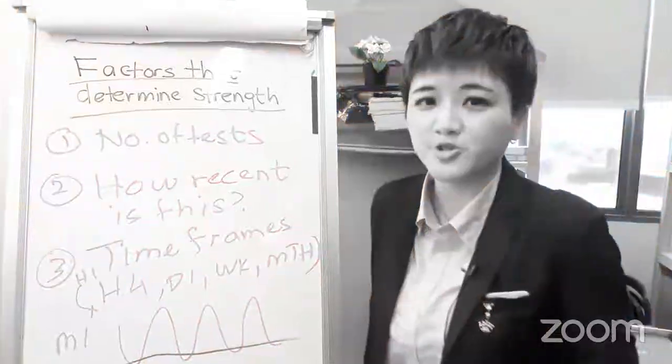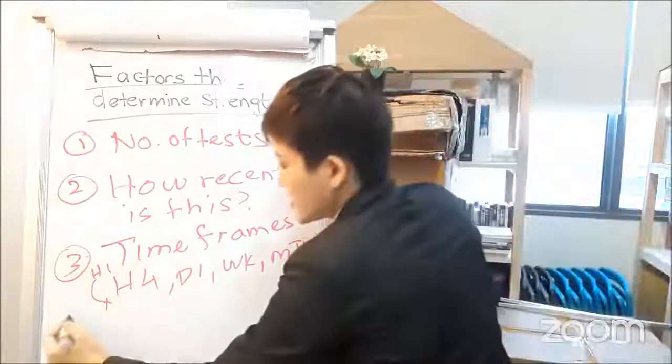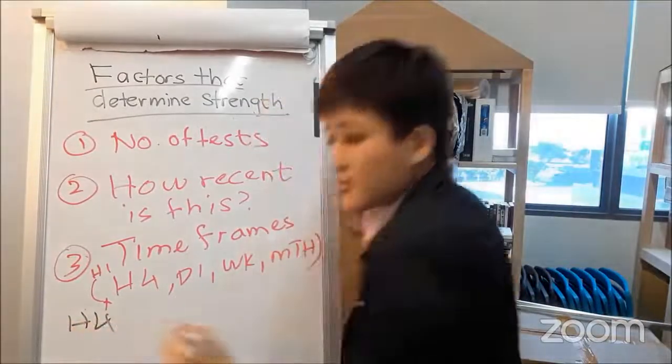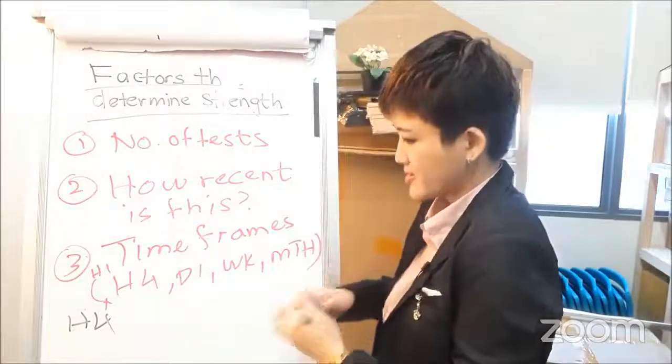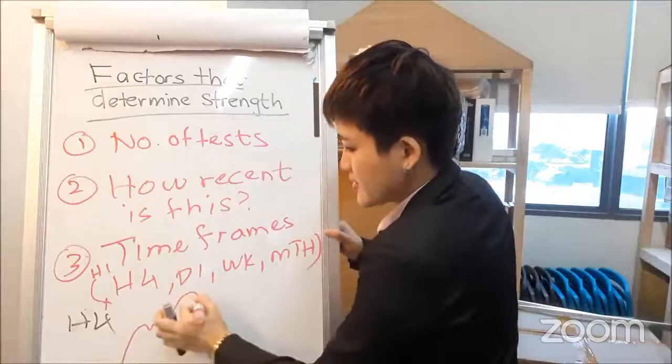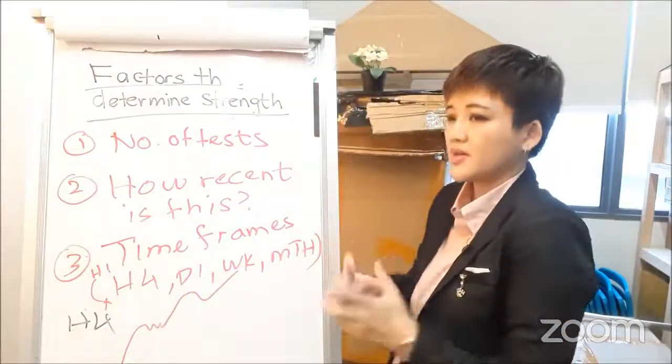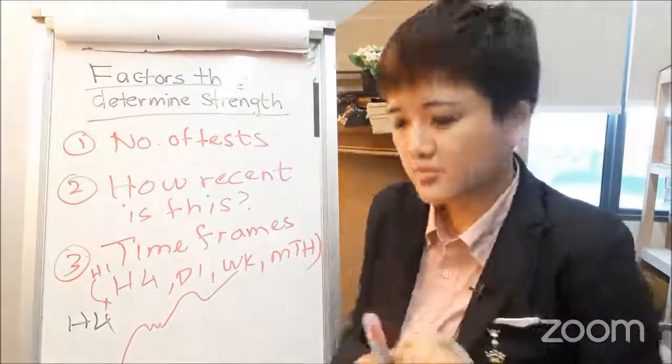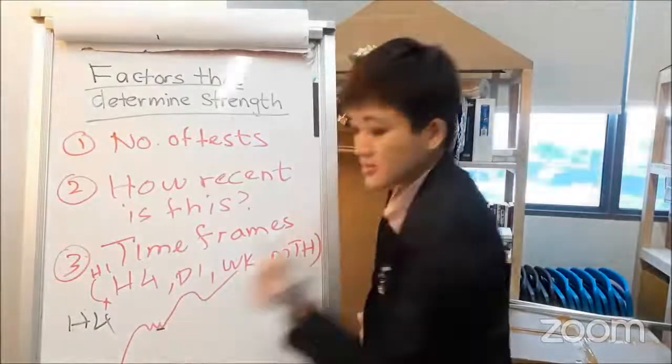You need to use a microscope. Let's say you zoom out to the 4 hourly time frame. What will that look like? Let's say you have a major trend over here, and then a little bit of range over here. That support resistance will probably look something like this.